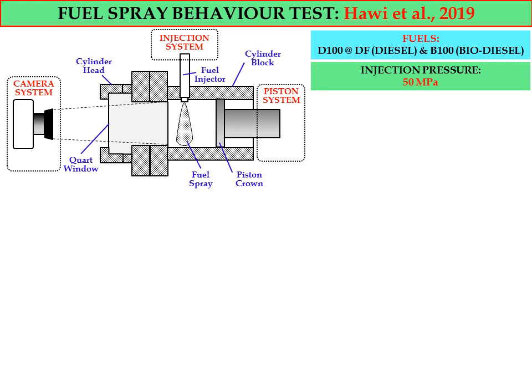And in terms of injection pressure, Hawi et al. investigated three pressures: 50 megapascal, 100 megapascal, and also 150 megapascal. However, I will take the result for 50 megapascal, just for comparison of the different results obtained for diesel and biodiesel.